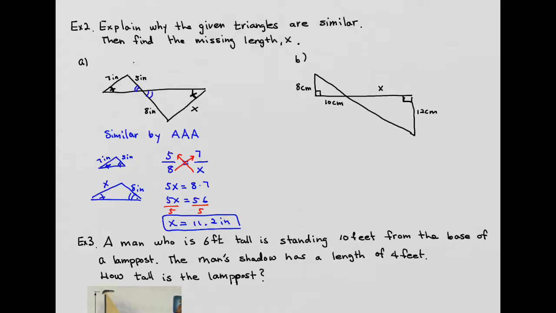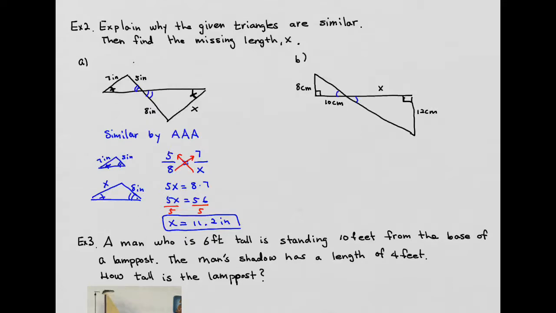Let's try one more. So here you have two triangles too, right? A smaller triangle and a larger triangle. Well, this is also a right triangle because you have a right angle in both triangles. It means this is 90 degrees, this is 90 degrees. And again, because these are vertical angles, they're the same.